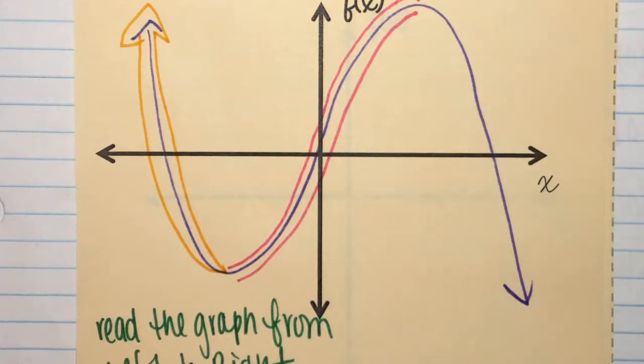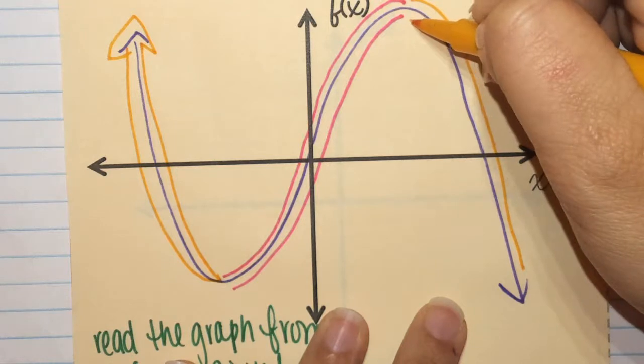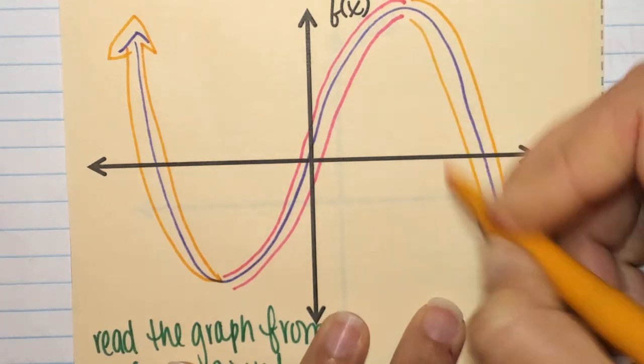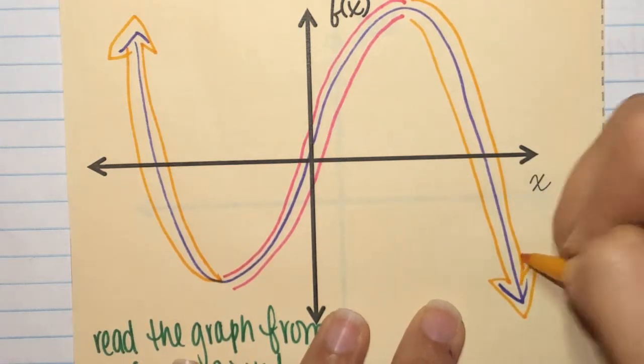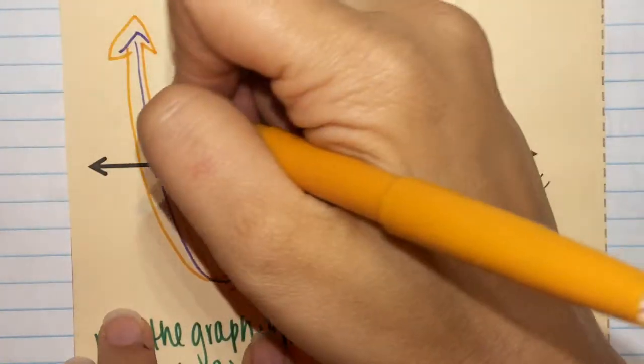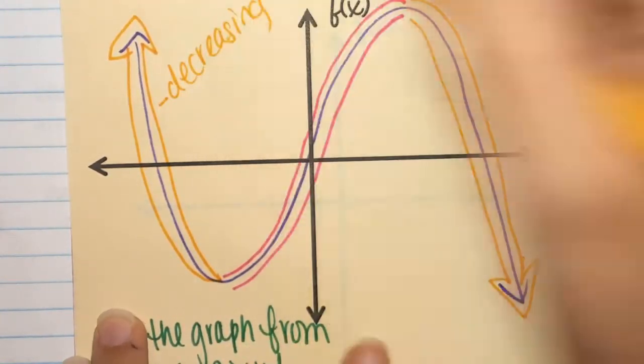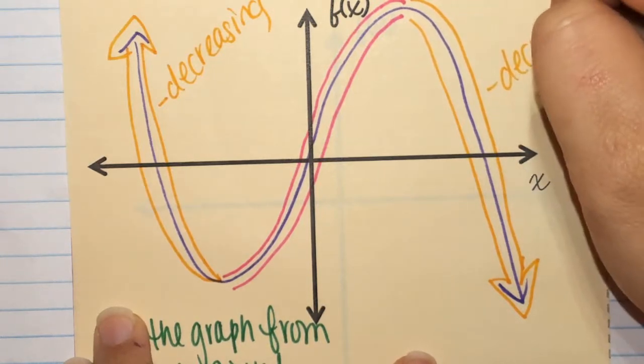And what would happen on the right-hand side over here? Decreasing. Okay, so you said it stops when you get to the bottom. Alright. So this is decreasing.